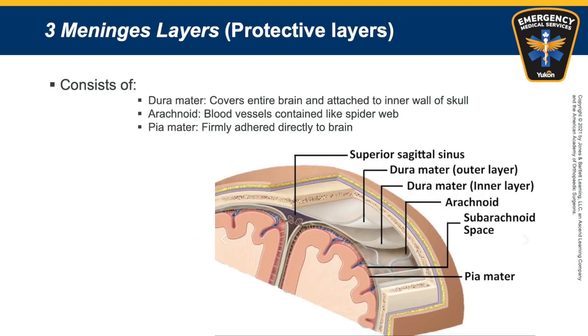Like I said, we're going to go over the three meninges layers. The basic ones are the dura mater, the arachnoid mater, and the pia mater. There are blood vessels in different parts of that, and they can capture different amounts of blood. So it's going to affect your signs and symptoms, but it's not something you're going to pick up in the field.